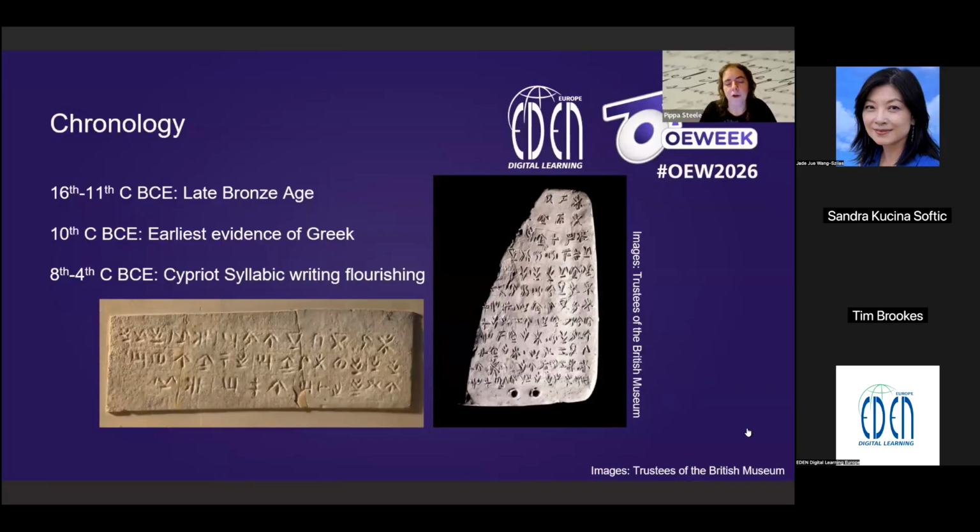Phoenician was also spoken on the island, although that had its own different writing system, which was also in use elsewhere. But linguistic diversity seems to have been a marker of Cypriot cultural identity as well. As you can imagine, over the span of 1500 years, there were very significant changes in the geopolitical circumstances in which Cyprus found itself. So in the Late Bronze Age, there had been a kind of flourishing of trade.